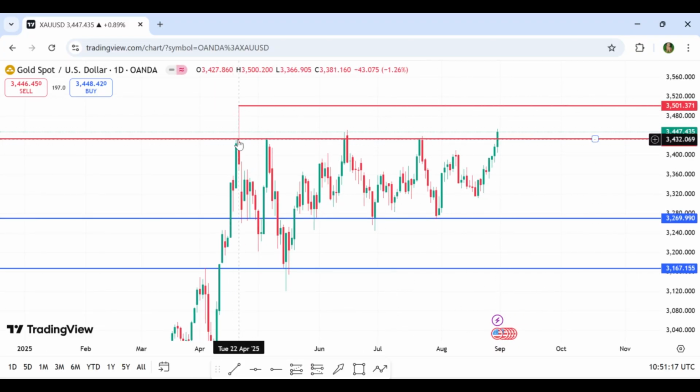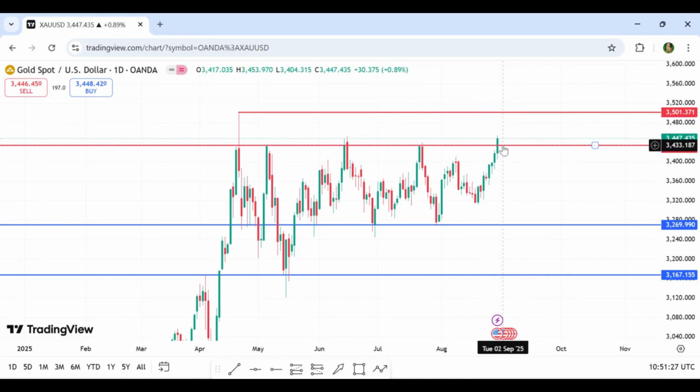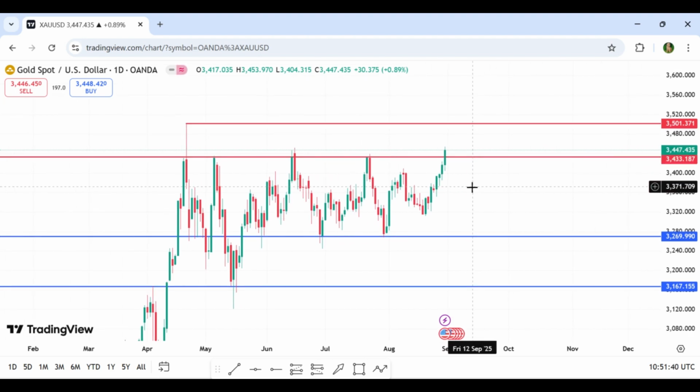So on the daily, that is what we have, and from the look of things we might continue going up. But right now we have this break from the resistance line with a volume on Friday. So most probably, if the momentum continues, then we are going to have our rally going on for the week.